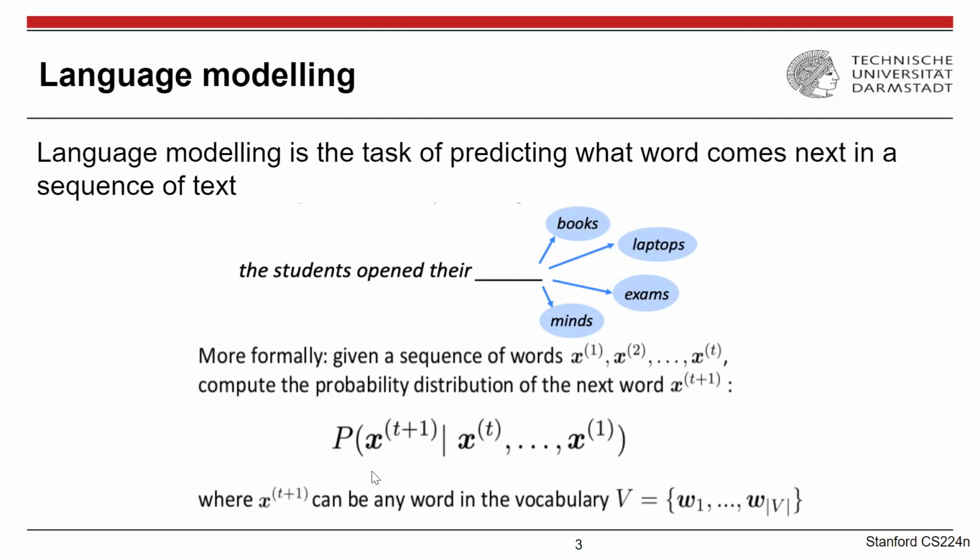So you need to calculate this probability for all the words that are present in your vocabulary. So you will have x_{t+1} equal to books, x_{t+1} equal to laptops, x_{t+1} equal to Darmstadt. That is what the objective of language modeling actually is. That is what you need to compute when you are estimating a language model.